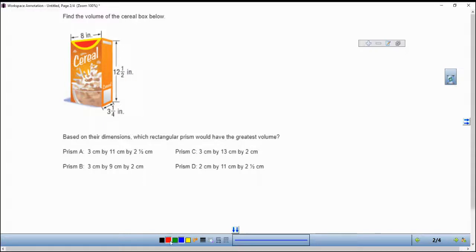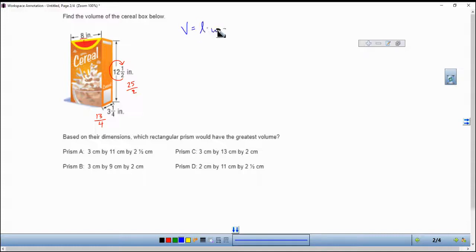We'll swoop the mixed numbers. 12 and a half: 2 times 12 is 24, plus 1 is 25 halves. 4 times 3 is 12, plus 1 is 13 over 4. And 8 is 8 over 1.